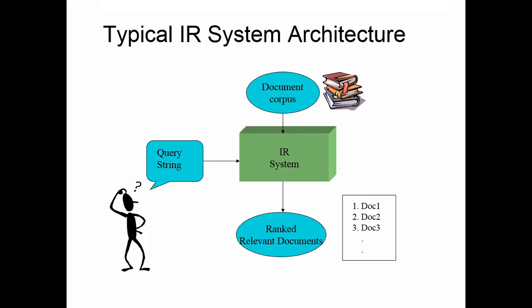So the IR system is expected to generate ranked relevant documents as per their relevance, as per their similarity with the user's query. So whatever list you are observing when you are searching using a query, they are retrieved in ranked order. Always for the search engine, the first document is more relevant than some document in the middle. As the document is far from the first listed document, that document is relevant but not as relevant as those which are given priority to appear in the first listed documents.